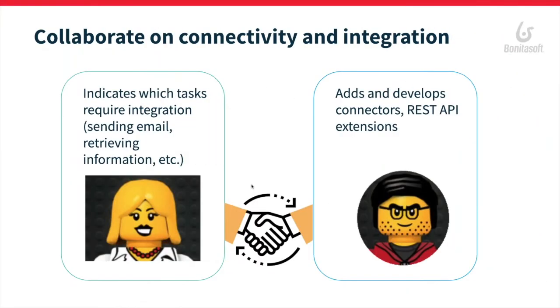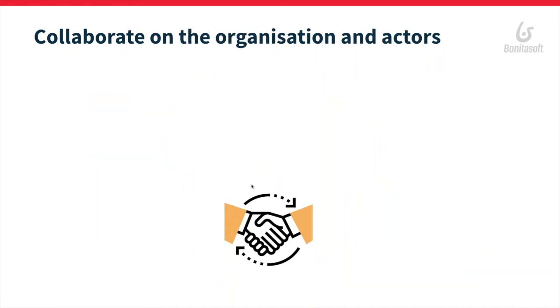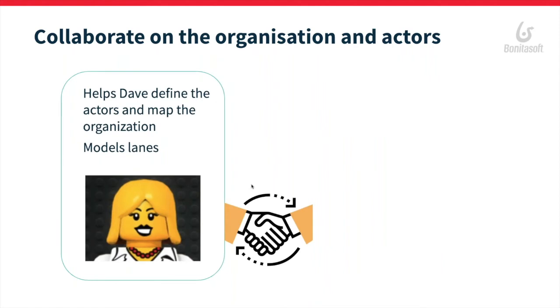Then, if we go on, we still have something to prepare before going to the user interface. It is the organization, because we need to know who is going to work on which task. And to do so, we need to count on Cindy, because she knows very well the people and their roles in the organization.